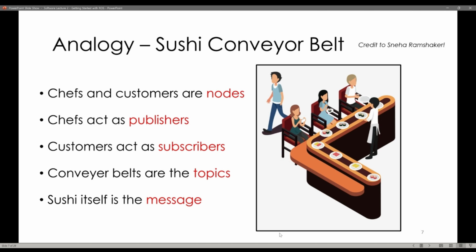In this analogy, the chefs and the customers are both nodes. The chefs act as the publishers, putting the sushi onto the conveyor belt. The customers are the subscribers, receiving the sushi from the conveyor belt. The conveyor belts themselves are the topics, and the sushi is the particular message that the chefs are publishing and the customers are receiving by being subscribers.